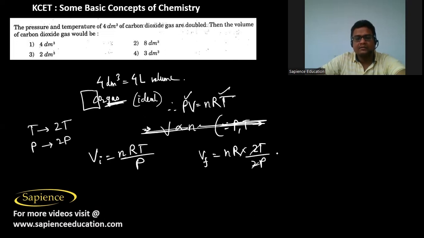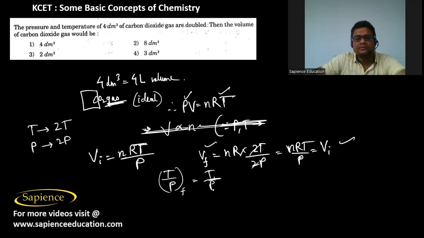But here we can see that the final volume is also coming nRT by P, which is the same as the initial volume only. So the volume will remain unchanged, since the final ratio of temperature and pressure is the same as the initial ratio. So the final volume is the same as the initial volume, which will also come as 4 decimeter cube only. So option 1 is the correct answer.